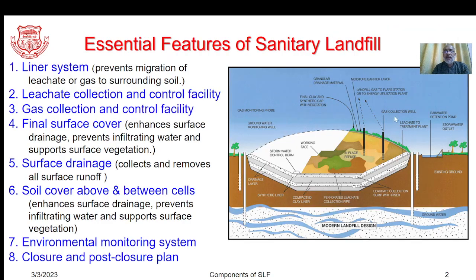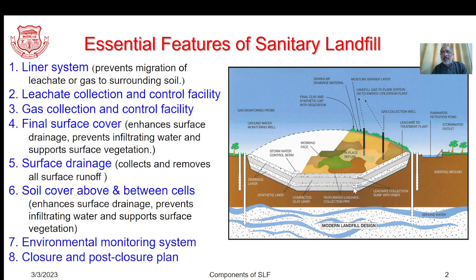So this sketch indicates the various components of sanitary landfill. Let's start from the bottom. As we see here, this particular surface is specifically prepared by designing that kind of a profile, which accommodates various further components one above the other.